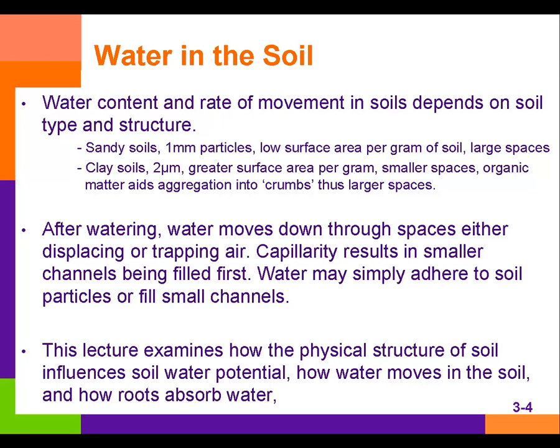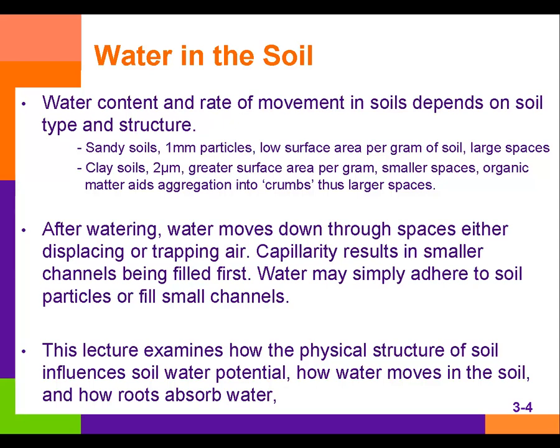Whereas clay soils, on the other hand, have a much finer particle and a much larger surface area per unit weight of soil, and this is important, which we get to. There are small spaces, or pores, formed between these smaller particles, and organic matter which accumulates within these clay soils can also lend its own properties.